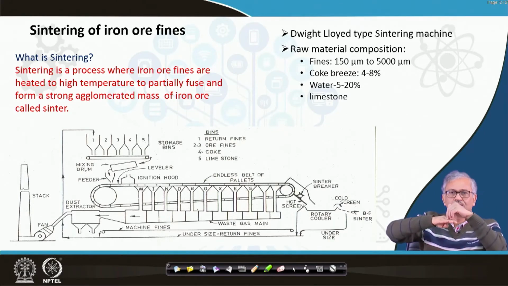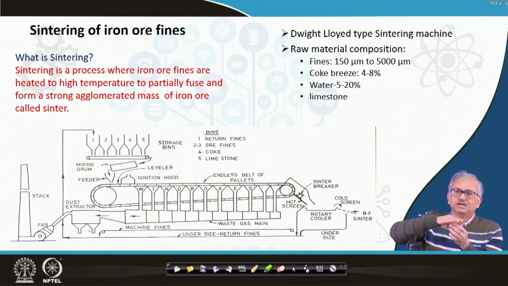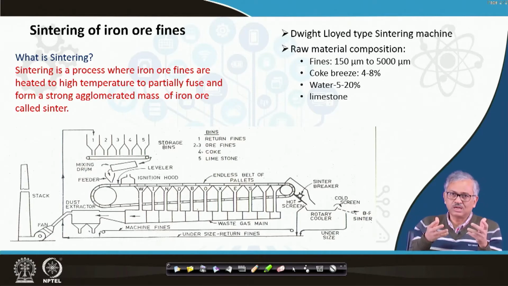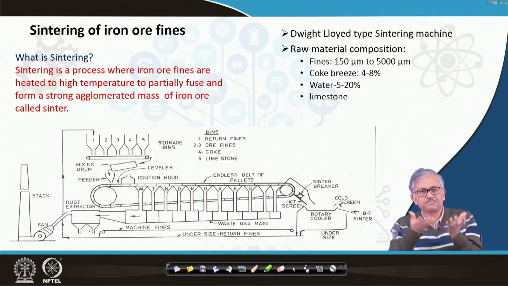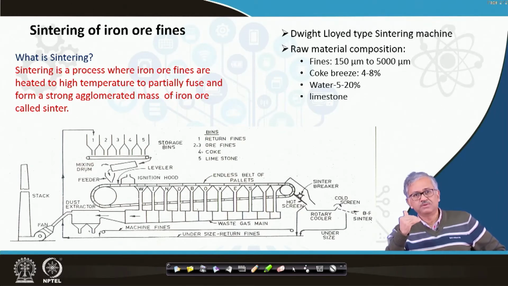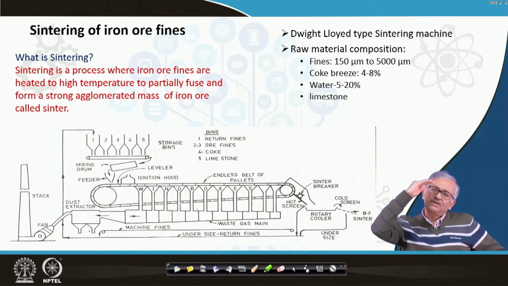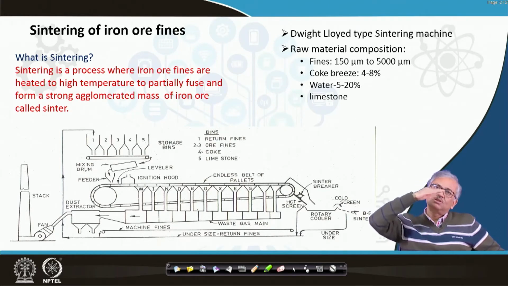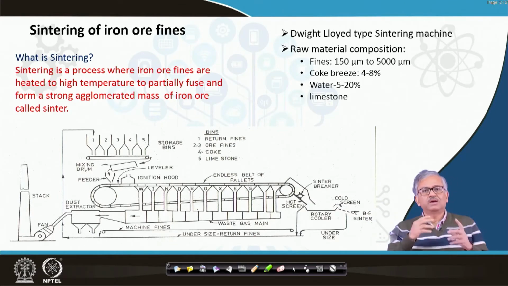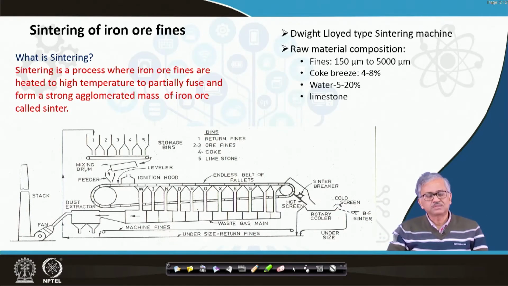When the air passes through the combustion zone, it gets heated up, and when it passes through the layer below it, it preheats that sinter mix. When preheating is significant, the coke breeze in that layer gets ignited. That way, the fire line slowly moves down, and finally complete sintering takes place.